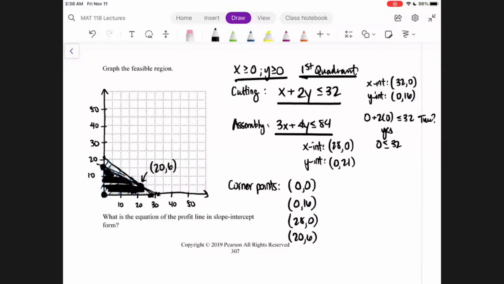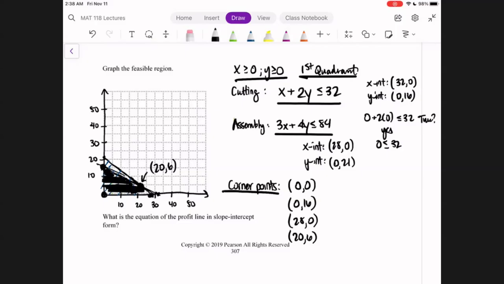But the shortcut is that one of the corner points will actually give you the value that maximizes or minimizes your objective function. And you want to think, why is that? You can kind of see it as the corner points lying on the boundary lines. That's some intuitive thinking behind it.